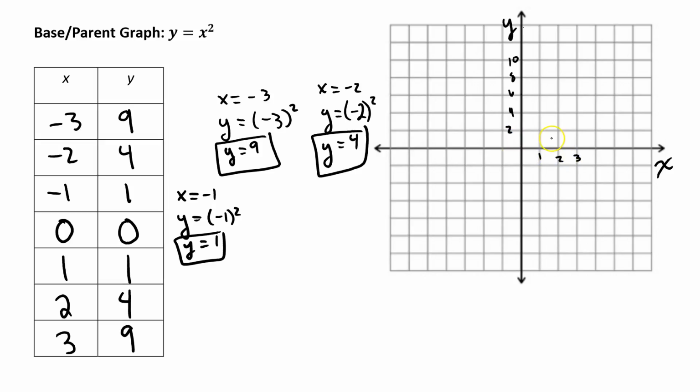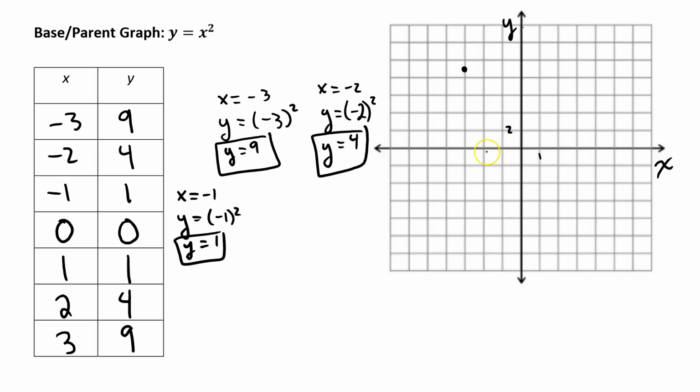Now this is sufficient. In all honesty, I don't even need to put anything other than this to show my scale, because I know I'm going 1 in the x direction, and in the y direction each block represents 2. So let's graph it. If I go to -3, I'm going to go to 9. So 2, 4, 6, 8, 10, so right here.